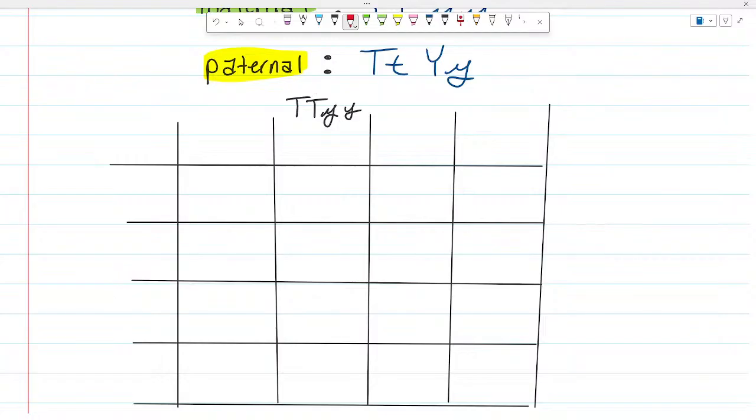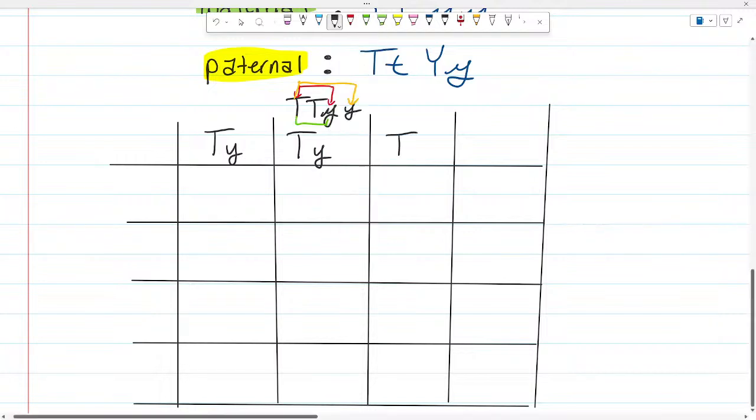Which means for this one, the seed will either have these paired together, which is big T, little y, or these two paired together, which is also big T, little y, or these two together, which is big T, little y, or these two together, which will be big T, little y. Okay.